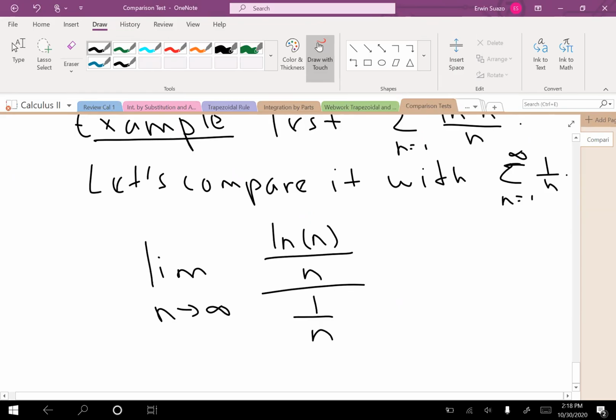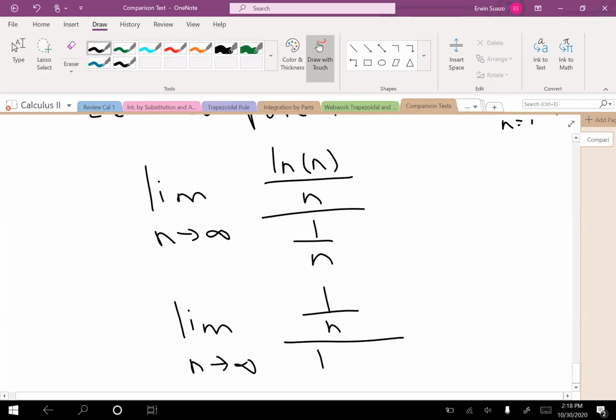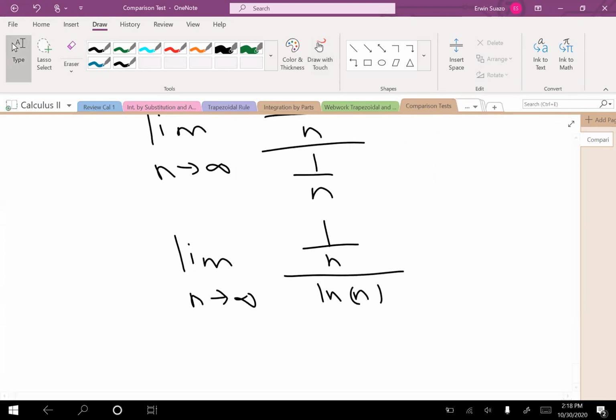So I can find that limit, or I can find this limit. I have a and I have b.